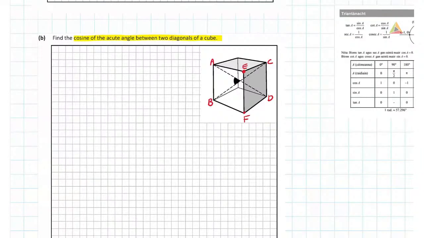And I'm also going to call this point here, where the two diagonals intersect, P. Okay, so now at least we are hopefully on the same page.